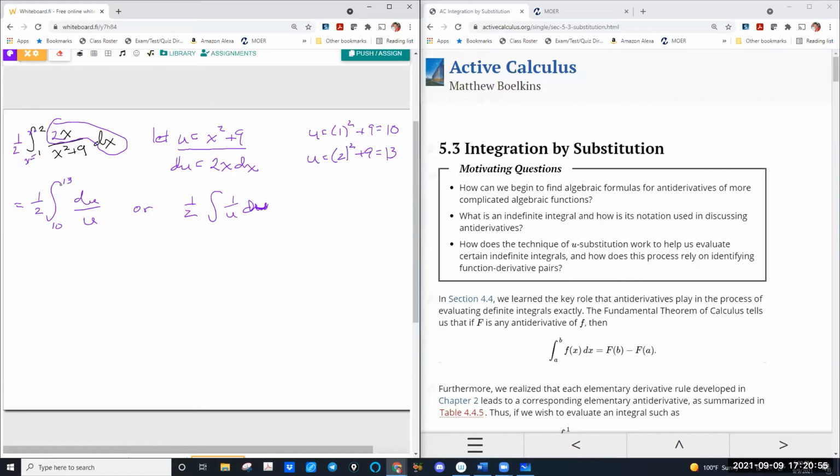Reason I like doing it this way is because now I'm just working from here on down. So this could be put into the graphing calculator, for instance, or I don't have to worry about substituting back because I do see that mistake happen. Also, right now, u substitution is going to be our focus.